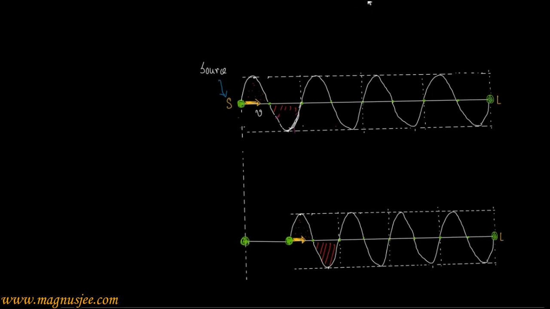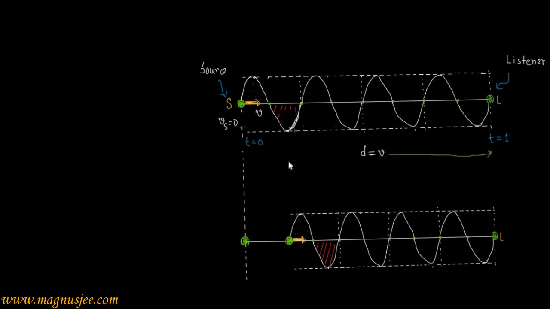S be the source of sound wave and L is the stationary listener. Vs is equal to 0, the velocity of the source of sound is 0, and we can denote the instant of time t equals 0 at S and t equals 1 second at L. The distance traveled by the sound wave in 1 second is d, which is equal to v, where v is the velocity of the sound wave.